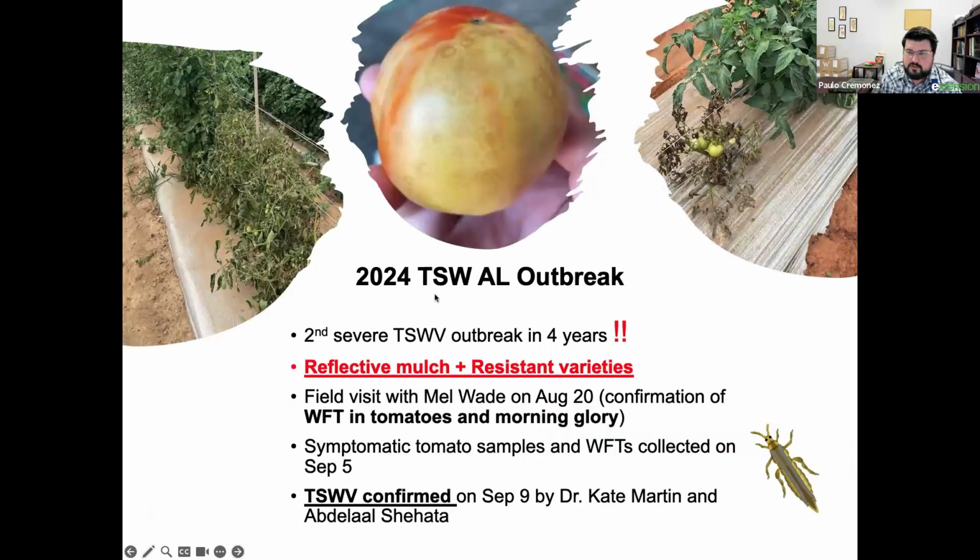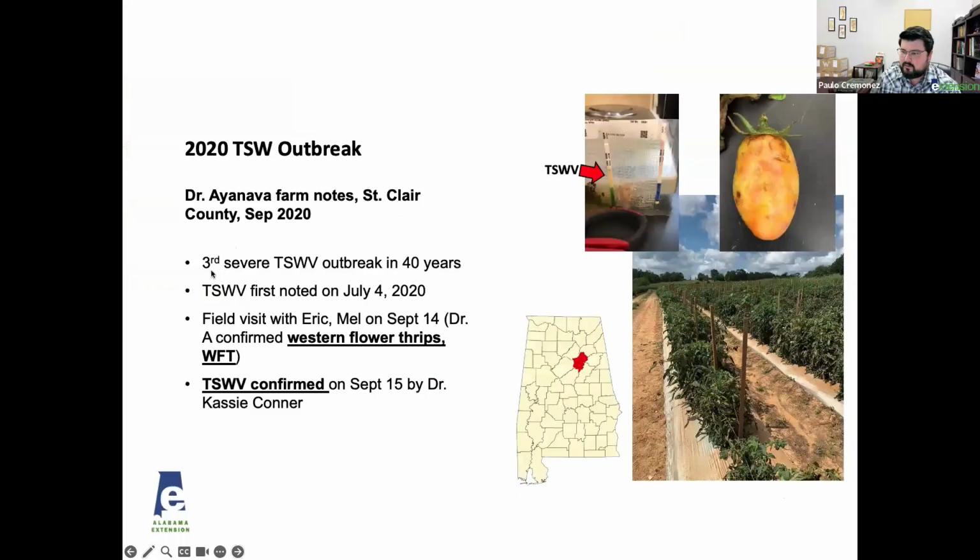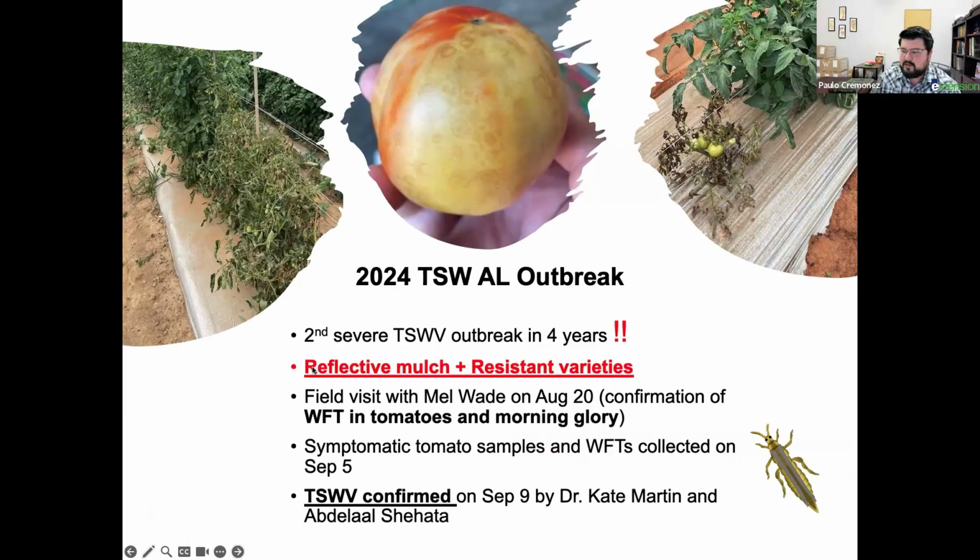In 2024, last year when I first started here, we had another outbreak in the same area. It was the second severe tomato spotted wilt virus outbreak in 4 years. So we had three outbreaks in 40 years, but now we had this.